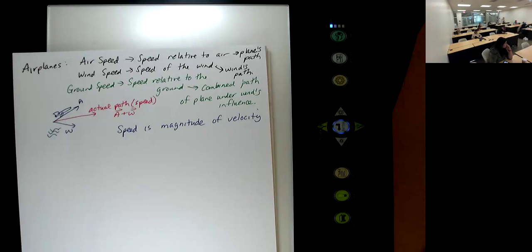The actual path is the ground speed, which is like where your shadow's going if the sun was straight above you. If you were to all of a sudden land, where would you actually land? You might have been flying north, but the wind was blowing you eastward. So you're not going to land directly north of where you were unless you compensate for it. You have to choose your airspeed vector to compensate with the wind speed to get to your target destination. That's what pilots used to have to do. Now the computer does it for them.